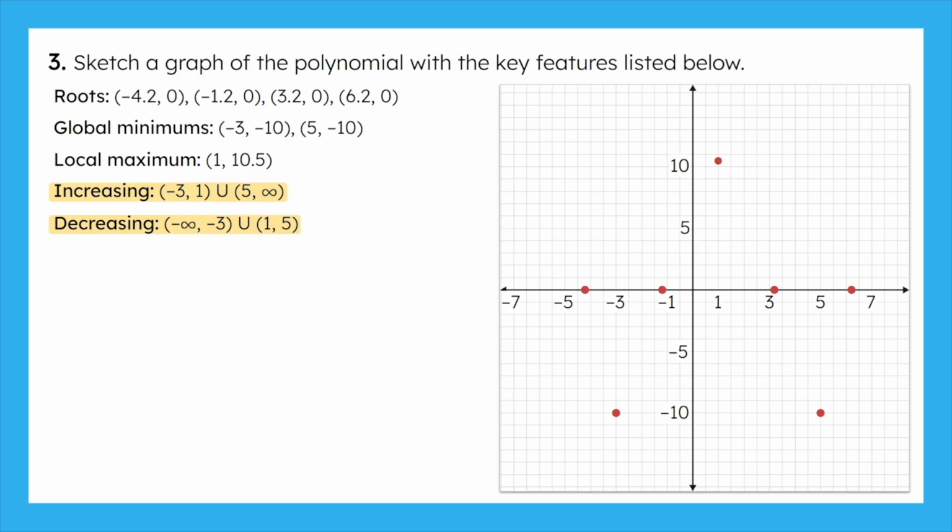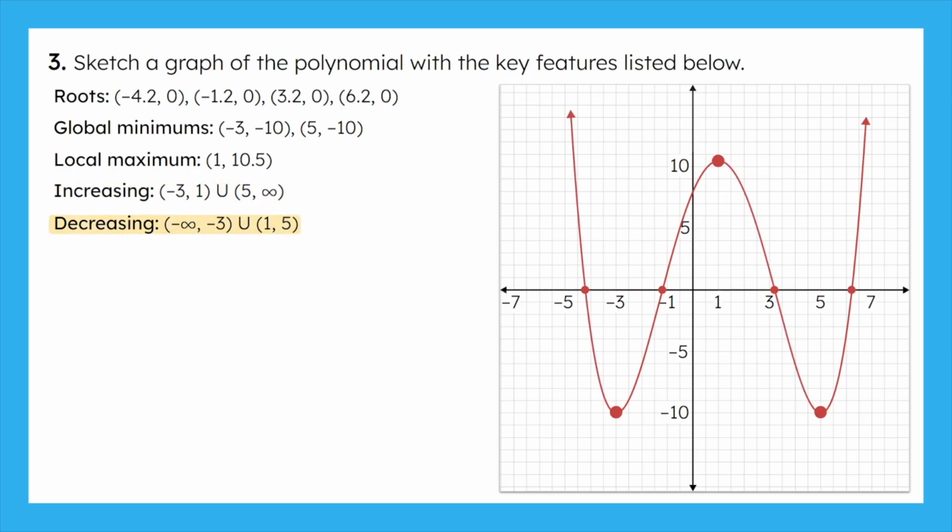Remember that the minimums and maximum will be the end points of these intervals, since the extreme points are where the graph changes direction. The graph is increasing from -3 to 1, and from 5 to infinity, and the graph is decreasing from -infinity to -3, and from 1 to 5. Be sure to correct any mistakes before we wrap up for today.